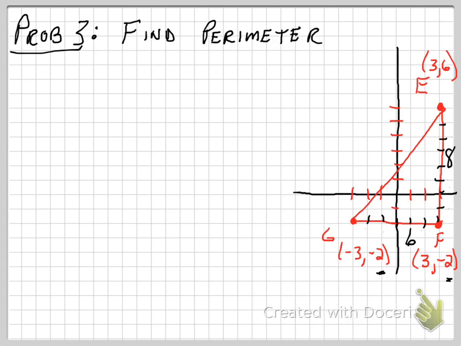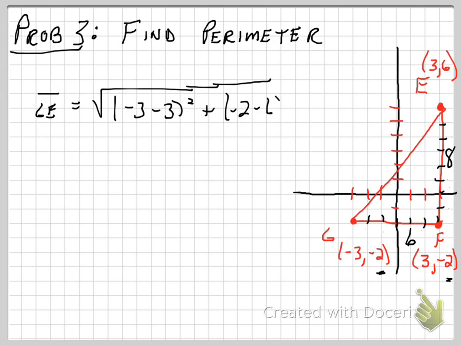To find the third side, I'm going to need to use the distance formula that we talked about yesterday to find the length of GE. So GE equals the square root of, and again, it doesn't matter which one you use, x1 or x2, so I'm going to go with the negative 3 minus 3 squared plus negative 2 minus 6 squared.